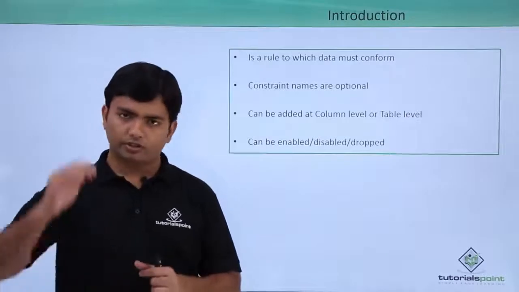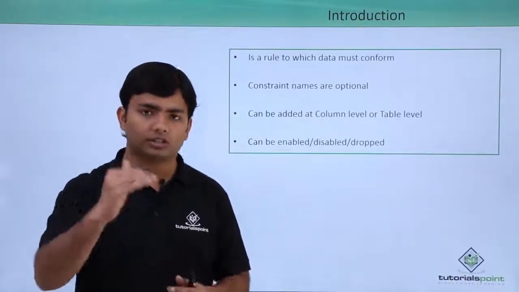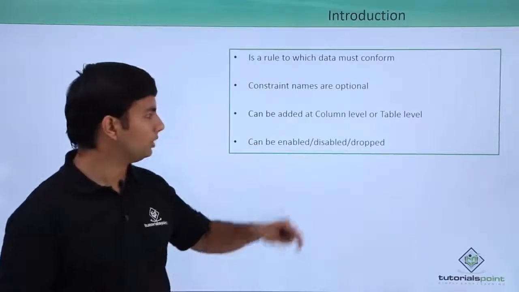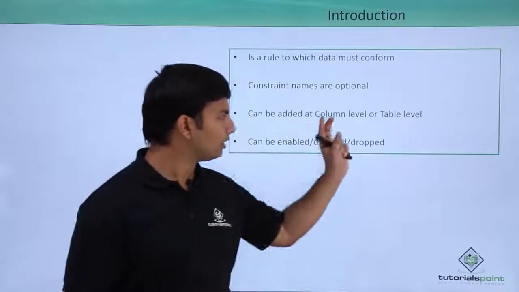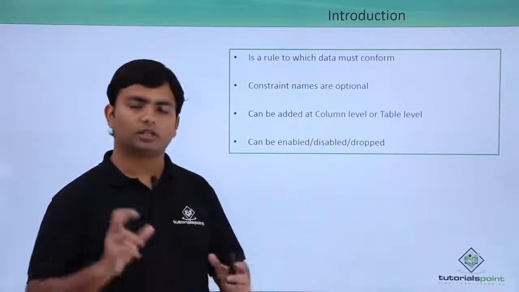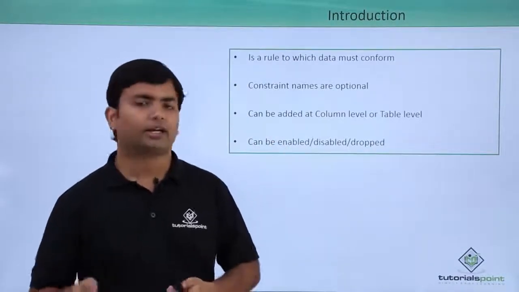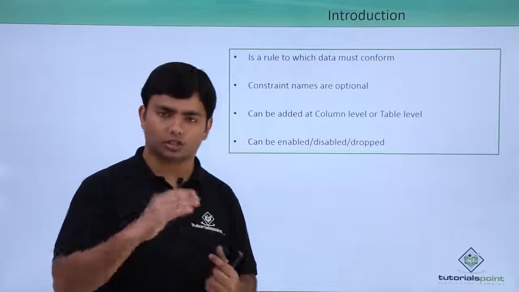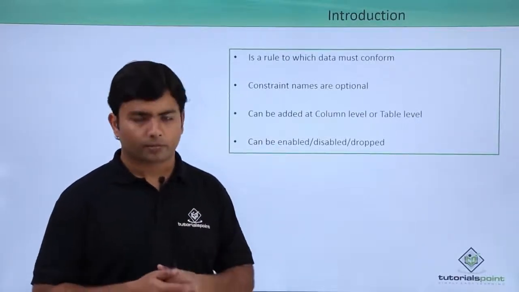But after creating all the columns, if at the last you specify the list of constraints, that will be table level. The major difference is that at column level a single constraint can be applied to a single column only, but at table level you can share a single constraint with multiple columns.